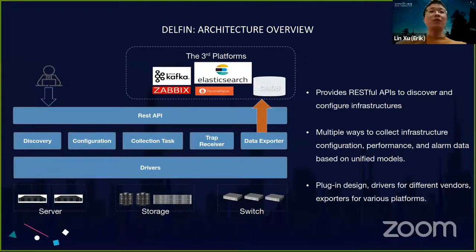The last step of data collection is to push the data to a third-party platform, such as Prometheus. The data exporter mechanism also allows developers to write a data exporter for their platforms.